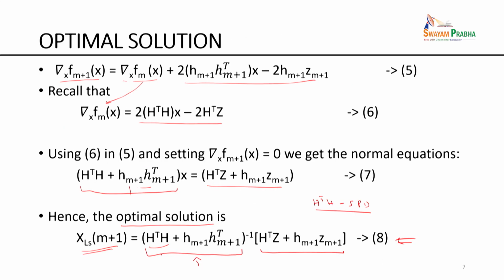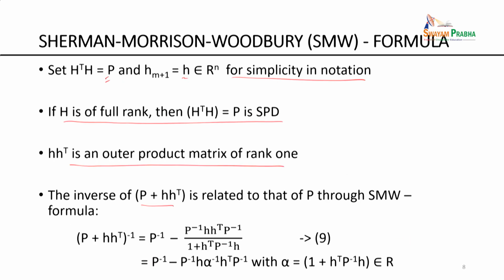We call it P, we call it H transpose. We are dropping all the subscripts, not to be bothered by notation. So the inverse of this is related to P through the Sherman-Morrison-Woodbury formula, which you already know from when we dealt with the modular matrices. So this inverse is now explicitly given by this.